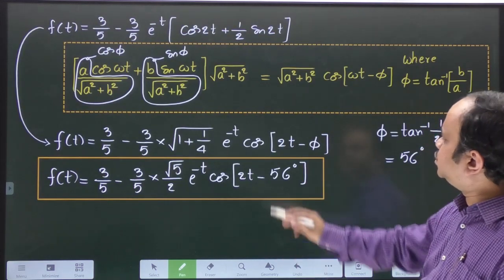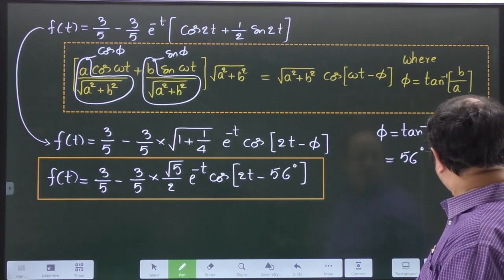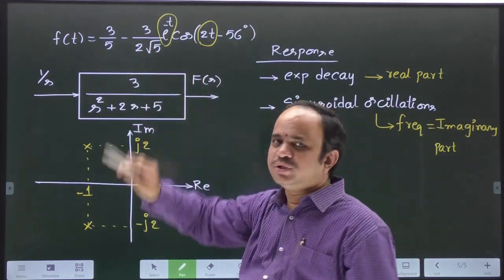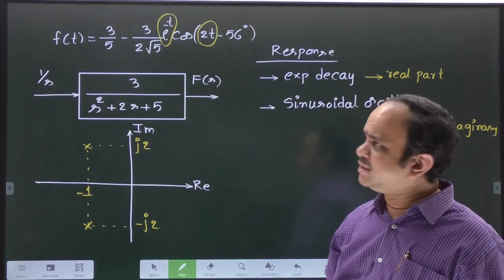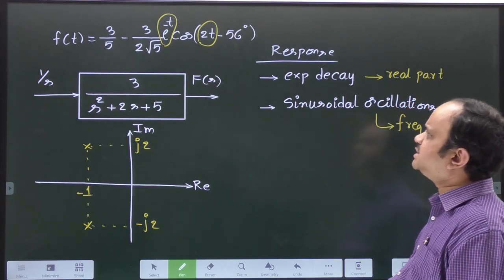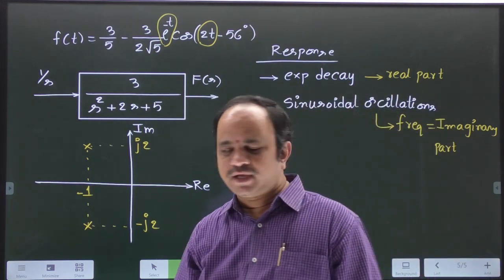Another is to write it in terms of cos function. Once you get that, we can say this overall response has two parts: an exponentially decaying term, and sinusoidal oscillations whose frequency is given by 2 radian per second. I hope you understand the concept.